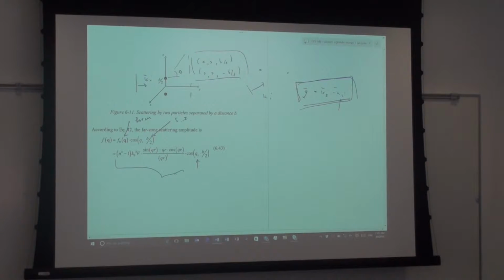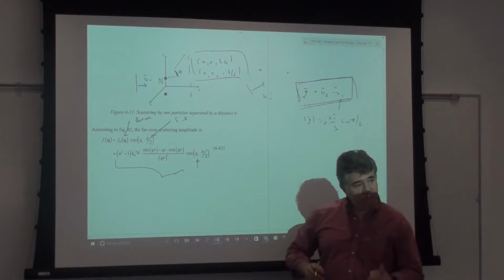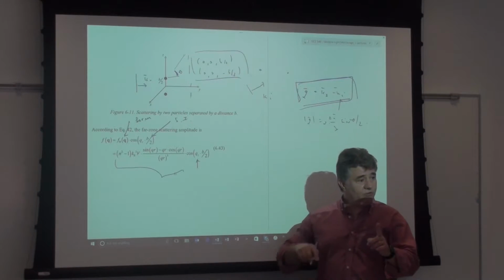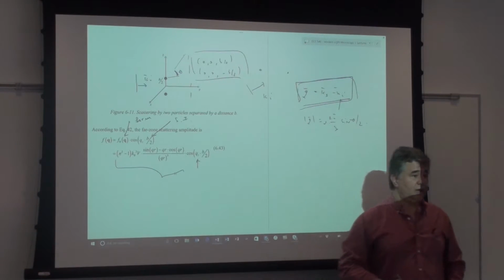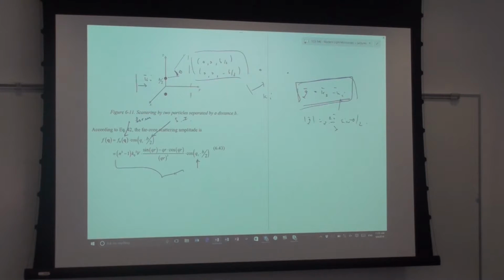So that's why if you know your Ki is perpendicular to Z and the particles are along Z, you will be able to write that the magnitude of Q is automatically 2 pi over lambda with a 2 in front, and then it's going to be sine of theta over 2, where theta is this angle. Okay? But the moment the incident field is at a weird angle, then you will have probably 2 angles, and then 3 angles.